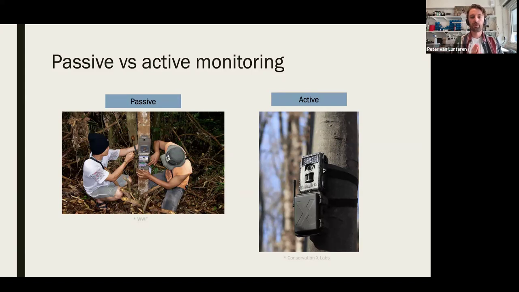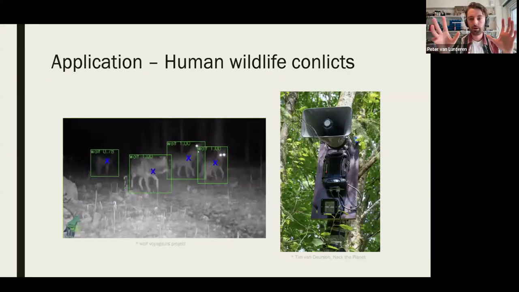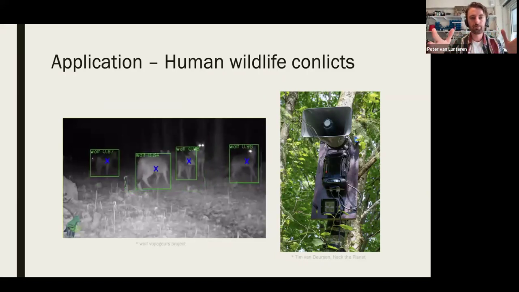For example, if you train a model for detecting snow leopard and a snow leopard walks past, it goes to the computer, it detects a snow leopard, and then sends off a notification saying, at this point in time, at this location, there was a snow leopard. But it can also be for human activity, so for example, it can detect people or vehicles or any kind of animal that you're interested in. And this active monitoring setup gives us a lot of applications.